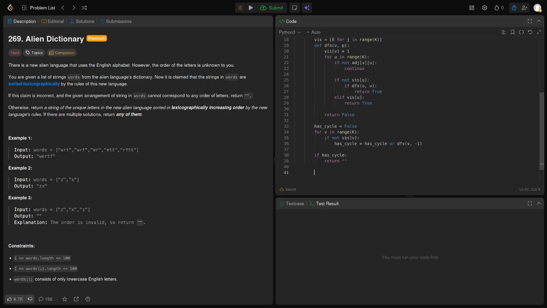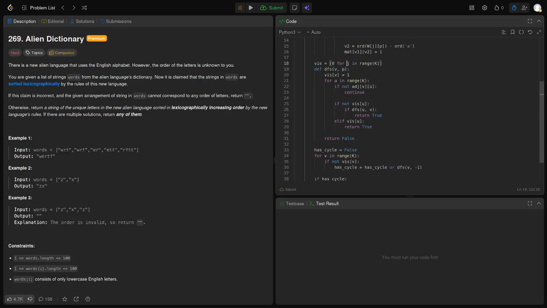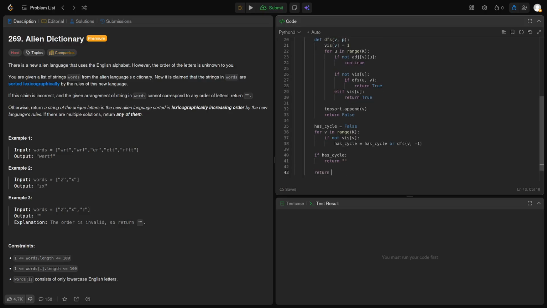Otherwise, we want the top sort, which we can do like this. So Q is actually top sort, right? Then we want to do top sort append v, return join top sort v plus char.